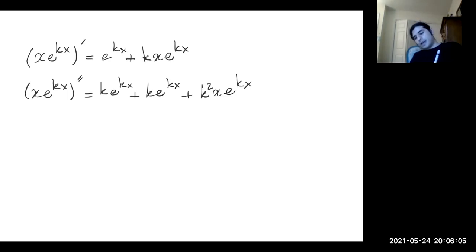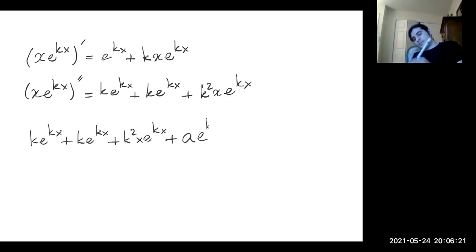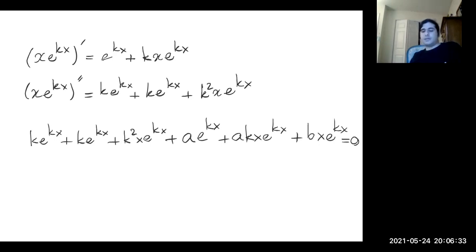So what we had before was the second derivative plus a times the first derivative plus b times the function itself should be equal to 0.